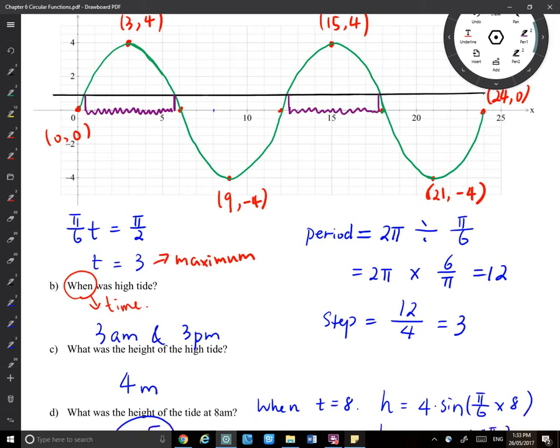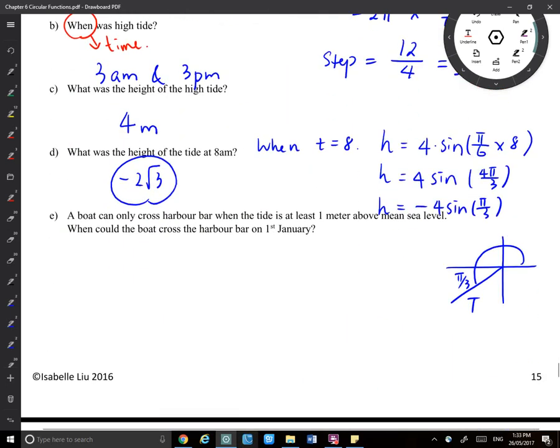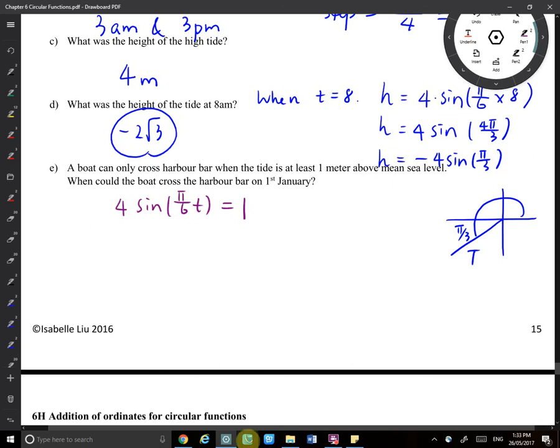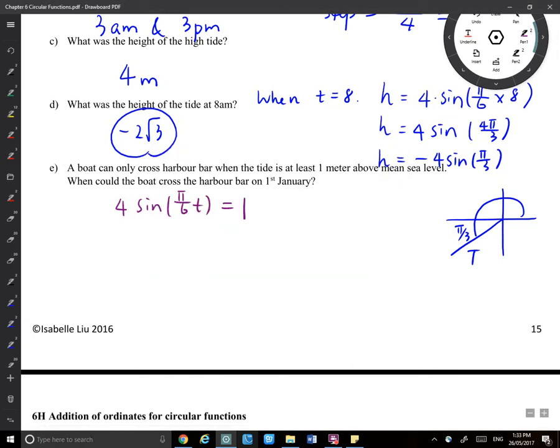Therefore, you just need to find the intersections. But I can't really solve that by hand. That's 4 sine pi over 6 t equals 1. I can't really solve this by hand, so I need a calculator.